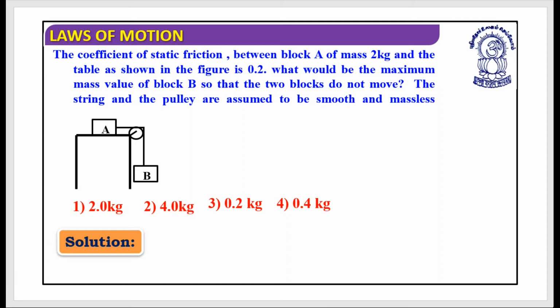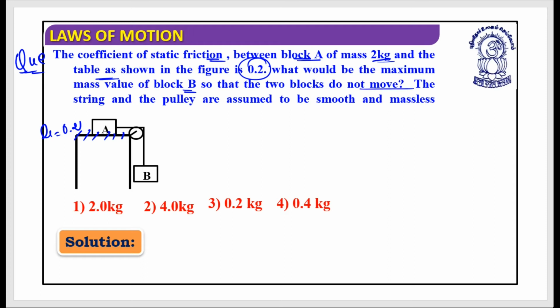It says that the coefficient of static friction between the block A of mass 2 kg and the table, as shown in the figure, is 0.2. What would be the maximum value of the mass of block B so that the two blocks do not move?